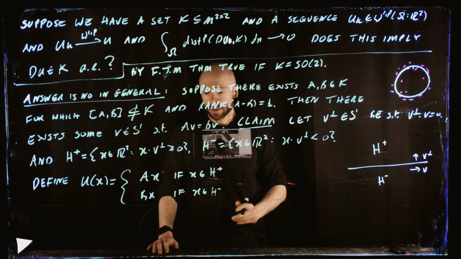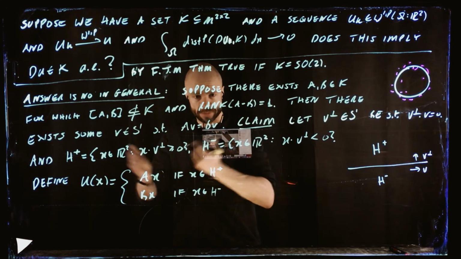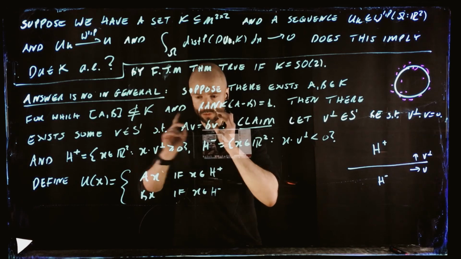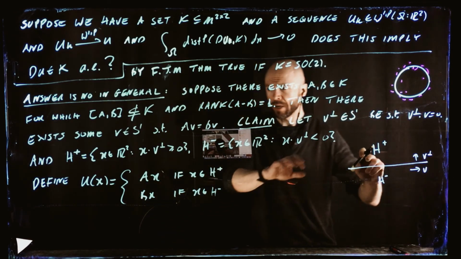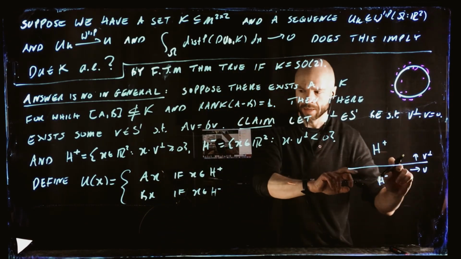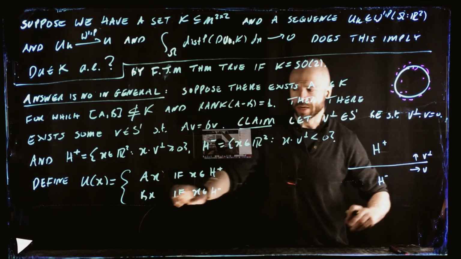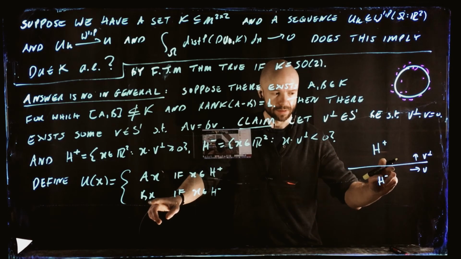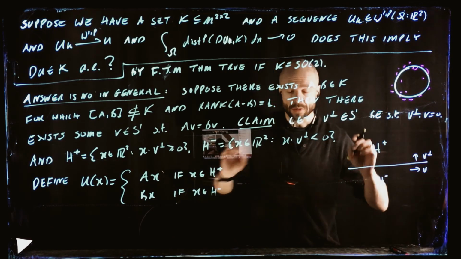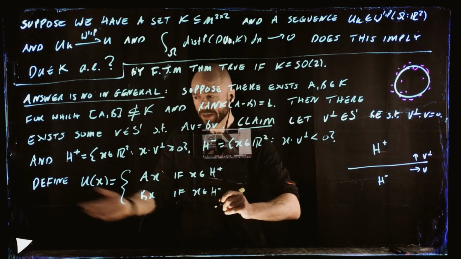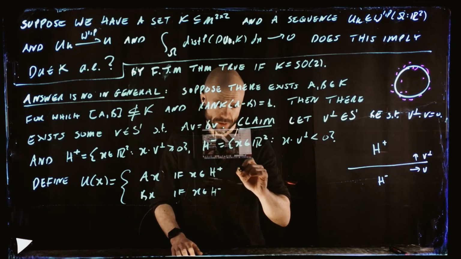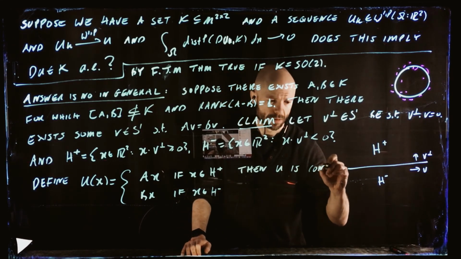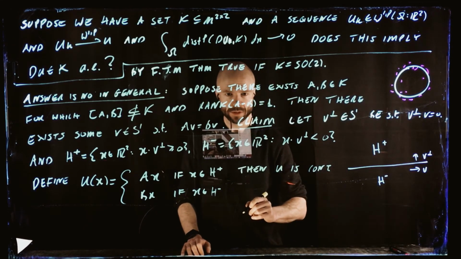Okay? So this is a well-defined function, right? On H plus it is defined by A of x, on H minus it is B of x. So we claim that it's still nevertheless continuous. Then U is continuous.